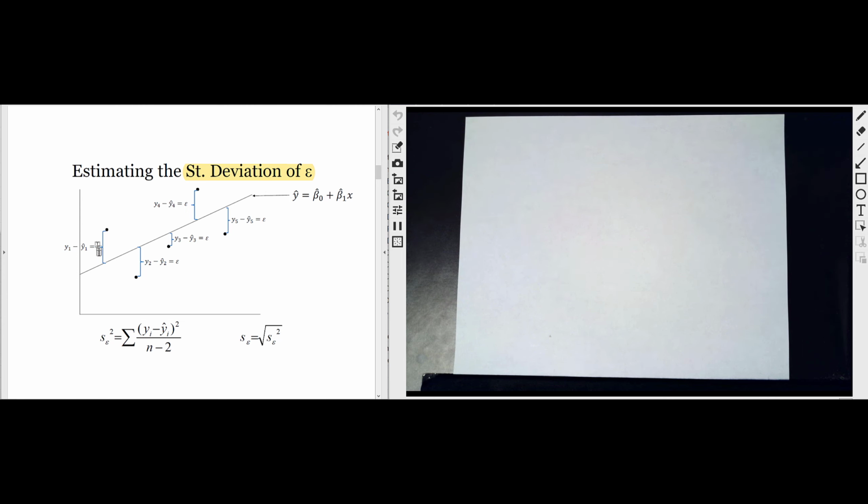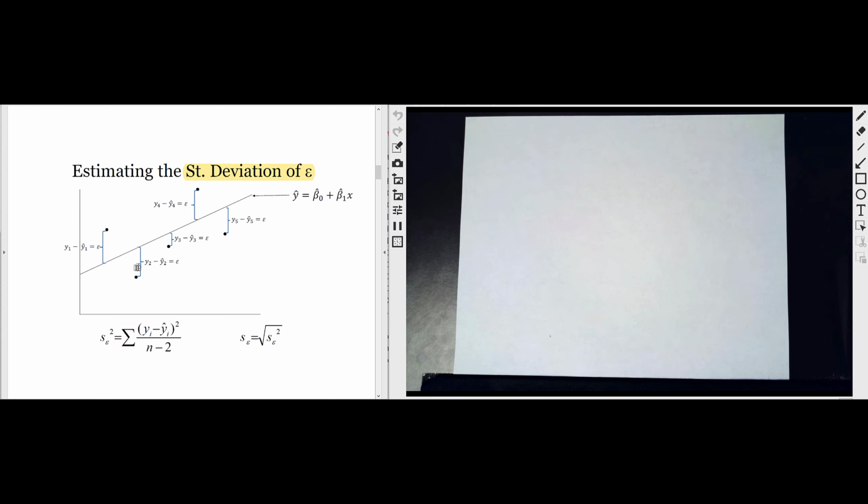So here we have epsilon sub 1, the error, the difference between the predicted value and the actual value for y1. Here we have epsilon sub 2, the difference in the predicted versus actual value of y2.